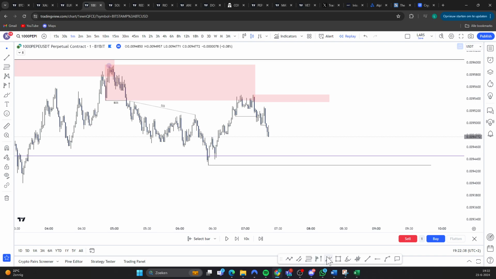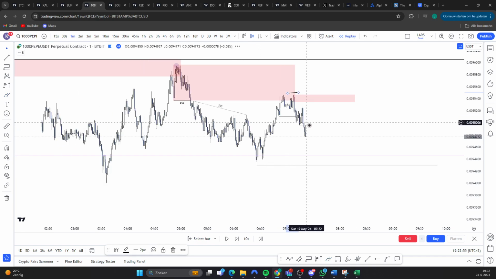Let's just see how it comes there. If it breaks aggressively and then we get a rejection, we will exit for the 0.5 risk and the 0.5 loss. If we SFP it, we trail it towards the high of the SFP. But for now, let's keep it here, like we said in the notes, because there is supply.